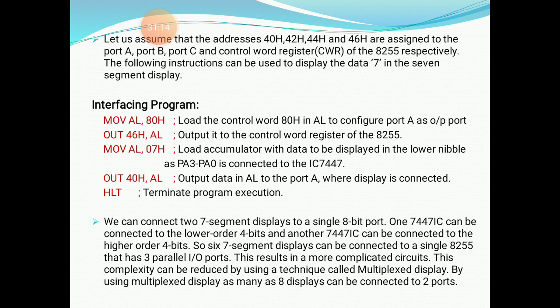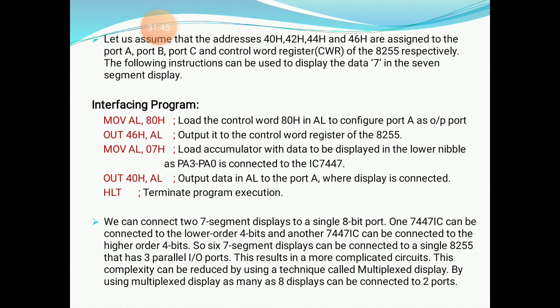Now this 7-bit pattern is transferred to the 7-segment display device by using the OUT instruction, that is OUT 40H, AL. By this instruction, the BCD number in AL is transferred to port A, where port A is connected to IC 7447 and connected to the 7-segment display. After sending this BCD number to port A, port A carries the BCD number to the IC 7447.